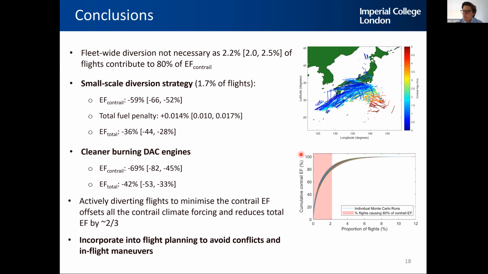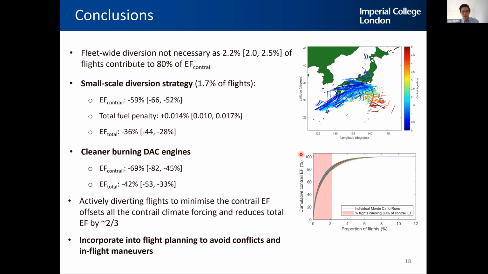Yeah, so there's a couple of aspects to that. It's dependent on the meteorology, but also the structure of the airspace. We've got some preliminary results which are for the North Atlantic. And you have a very different structure of the airspace where you have these tracks going across the North Atlantic.